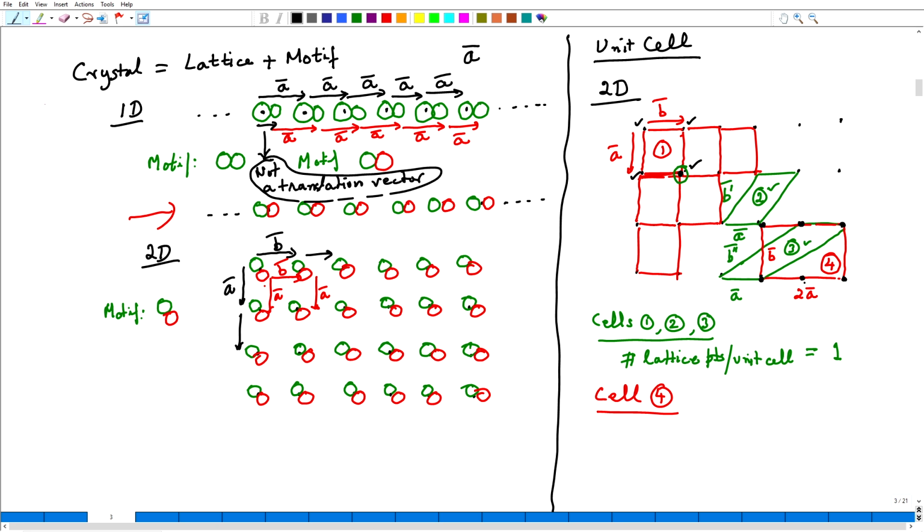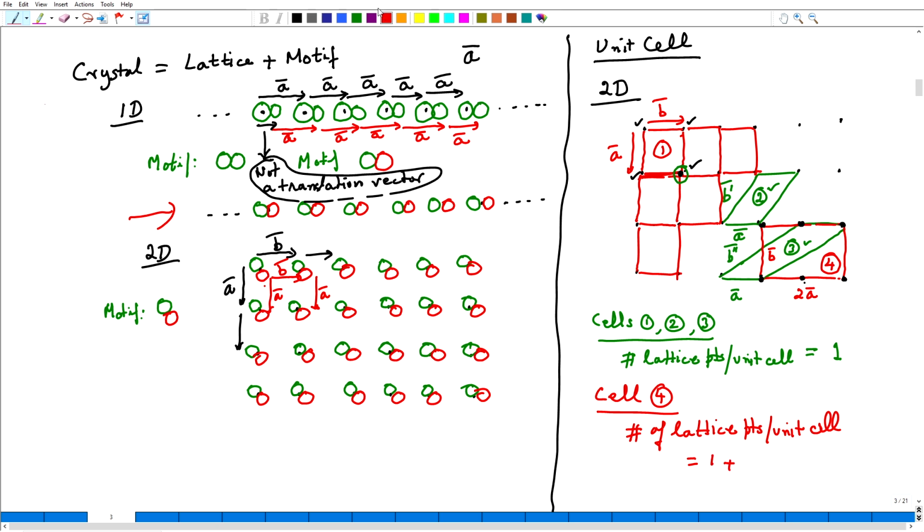From the corner, I will get effectively one lattice point. So, the number of lattice points per unit cell would be equal to 1 from the corner.